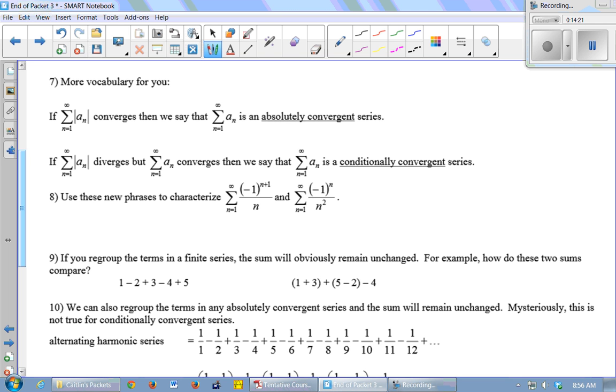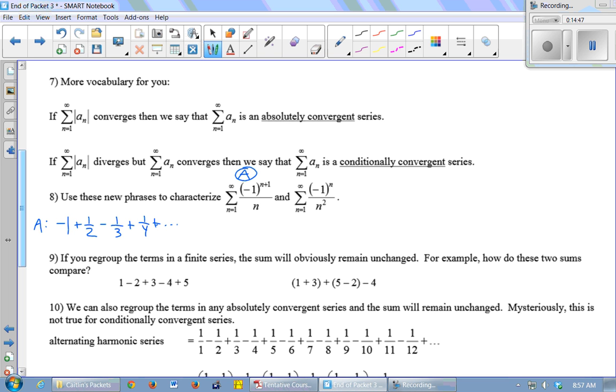So this one, we'll call this one A. Sum A was -1 plus a half minus a third plus a fourth, etc. That sum we said converges because it's an alternating series and the terms are decreasing and going to 0.